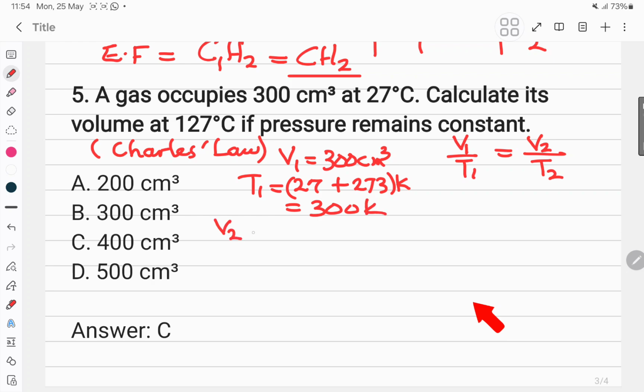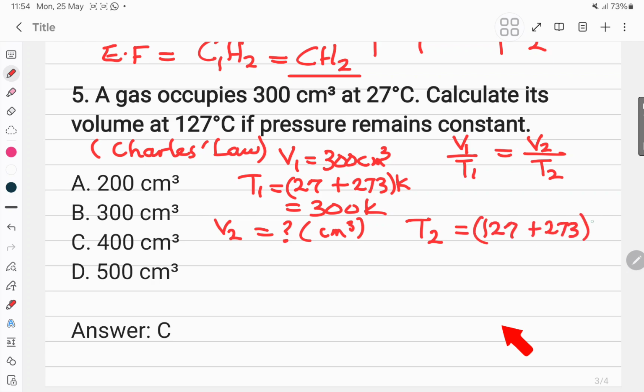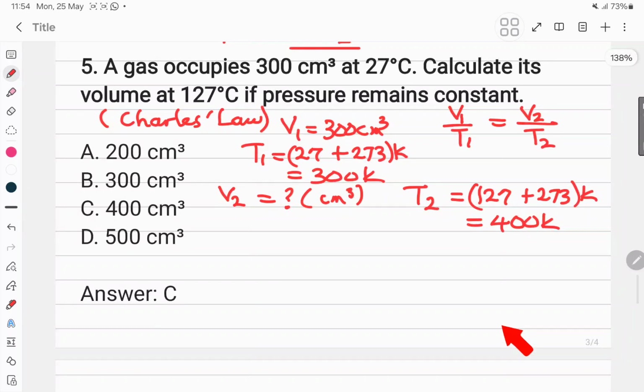The volume 2 is what we are looking for, the new volume, and the temperature at which we are looking for the volume is 127 degrees Celsius. The same way, add 273 to convert it to Kelvin, and this will give you 400 Kelvin. Then you can now apply this formula. V1 is 300, and the T1 is 300.